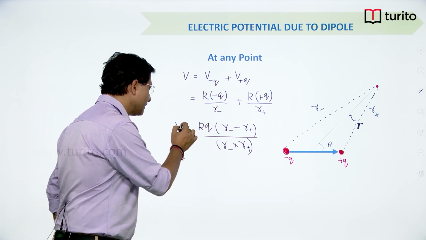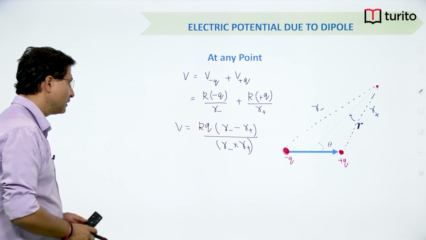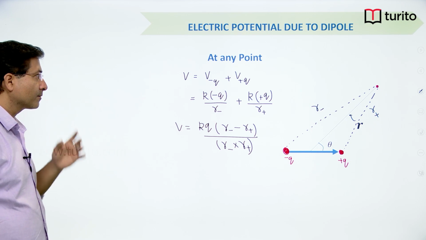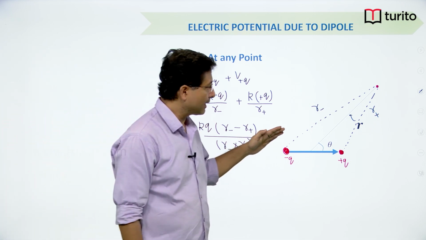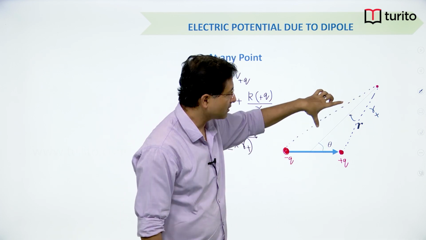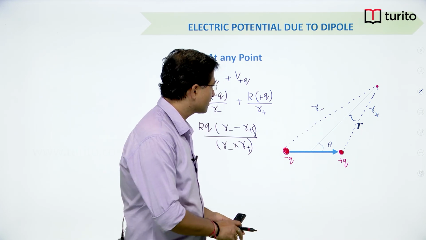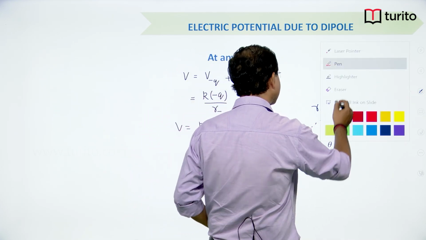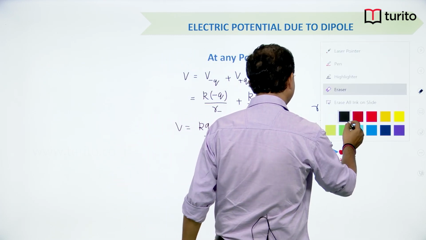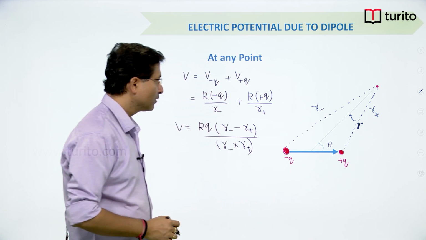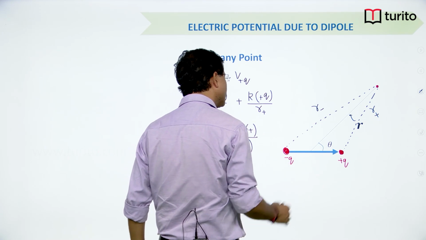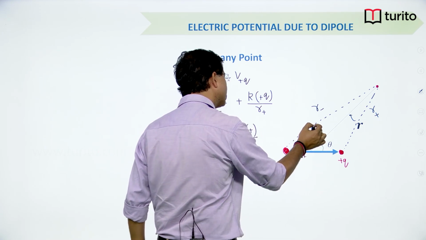Now, we need to simplify the expression. So r minus minus r plus, the difference between this distance and this distance. To find the difference, because this r is very large, I can draw a perpendicular.